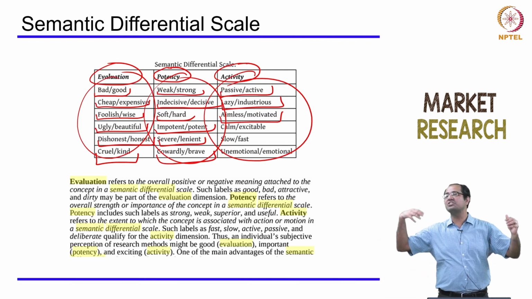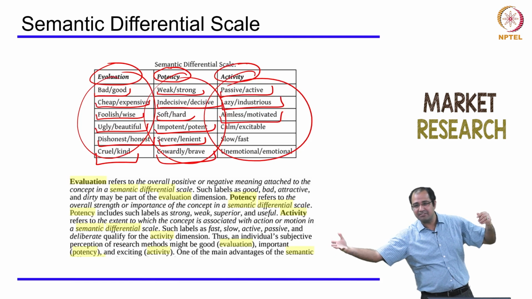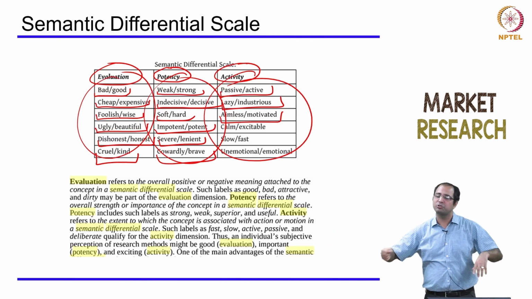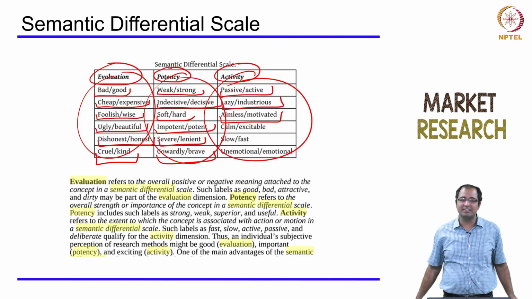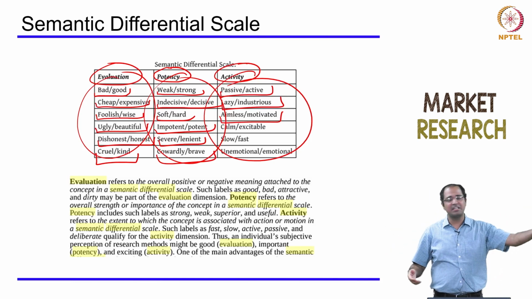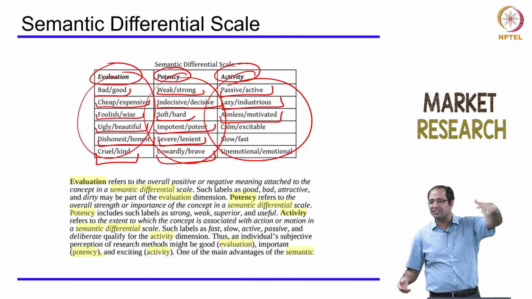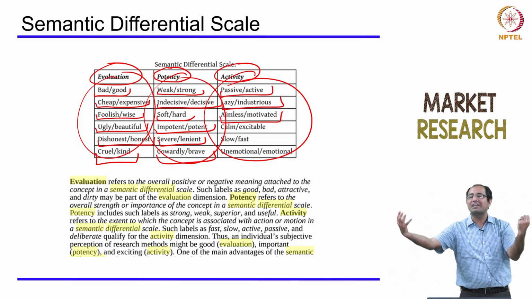If you are not getting a suitable opposite adjective, in this case it is a functional attribute. So you can do this not only for adjectives, as it is given on this screen, but also for functional attributes, like she did for two toothpaste brands. Removes plaque, does not remove plaque.